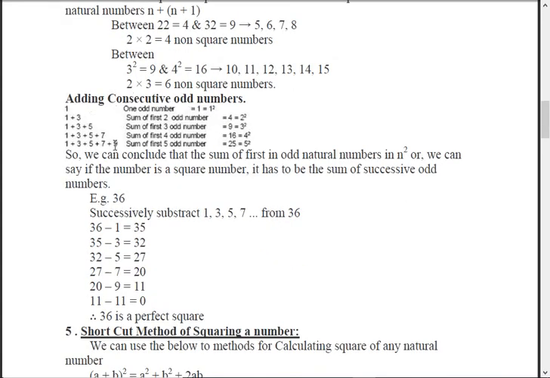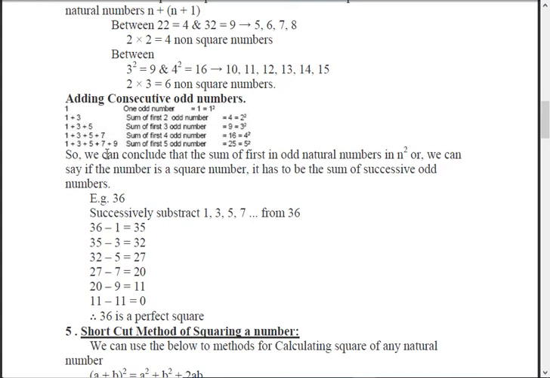See one more important point over here. 1 is a perfect square, 1. Now go on adding the odd numbers. 1 plus 3 is the perfect square of 2. 1 plus 3 plus 5 is the perfect square of 3. 1 plus 3 plus 5 plus 7 is the perfect square of 4. Right? You go on and on and on. You'll get the next consecutive perfect squares.